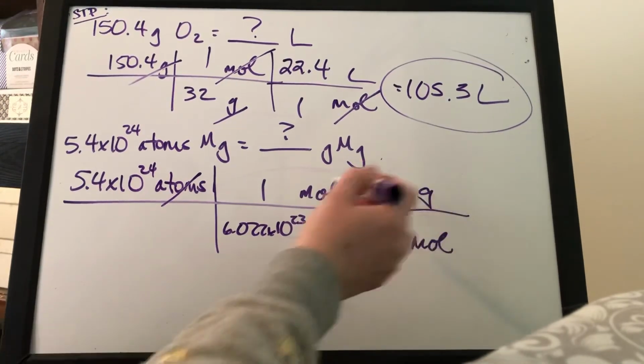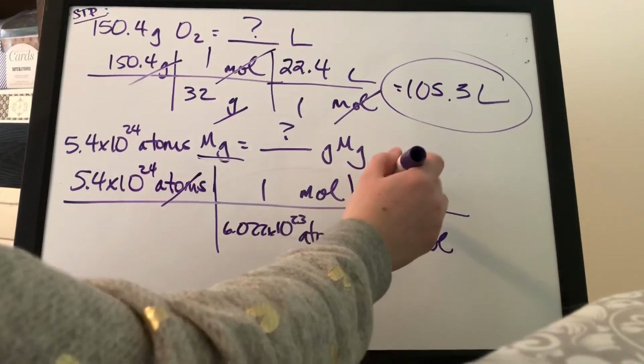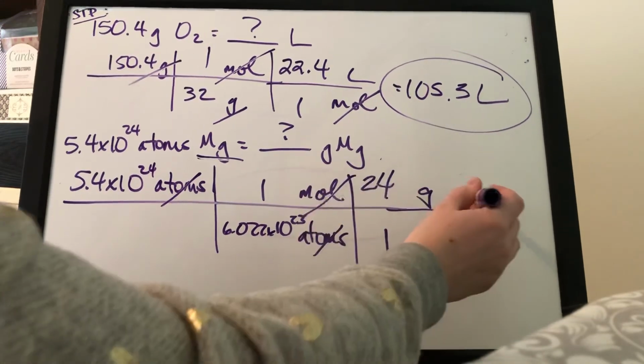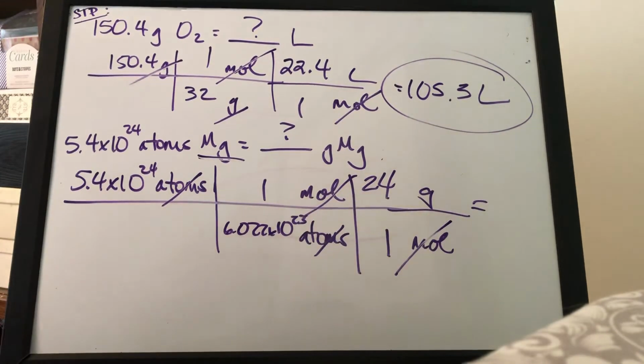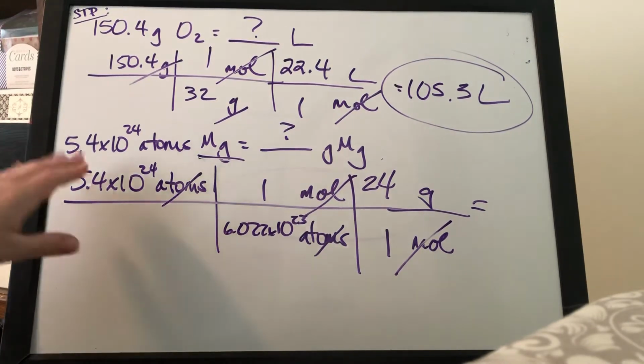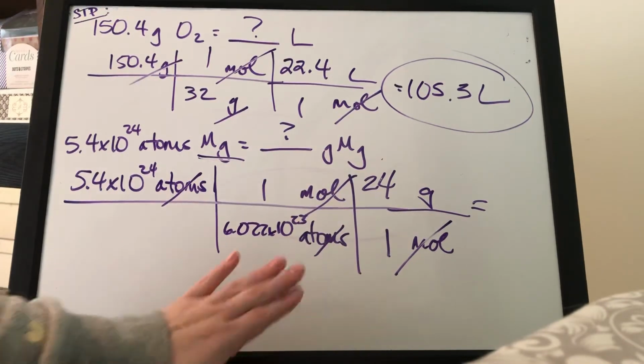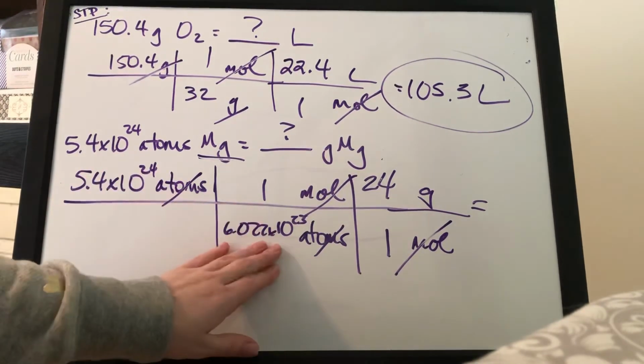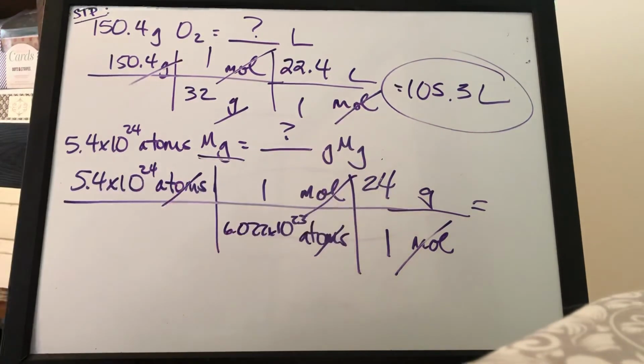And this is where I pull it from the table. It's just Mg, so Mg's mass is 24. All my units have canceled except for grams. Again, mathematically, you can solve this problem 2 ways. Multiply these 2 numbers and then divide by this. Or take this, divide it by this, hit equals, and then multiply by 24. Either will give you the same answer.